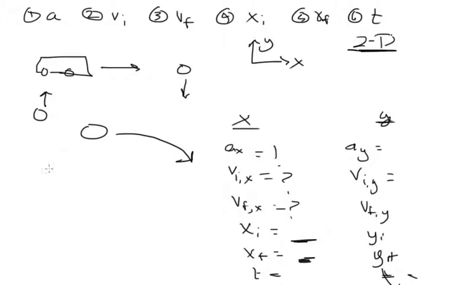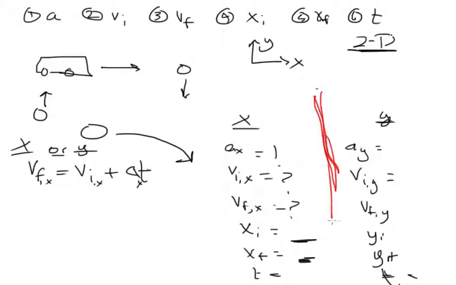So when I say v final equals v initial plus at, you can't just say this anymore. You have to specify, am I talking about x or am I talking about y? So you have to say v final comma x equals v initial comma x plus a x times time. Okay? So you have to do them separately. So I'm going to put a giant, no, you know what? Let's change the color.